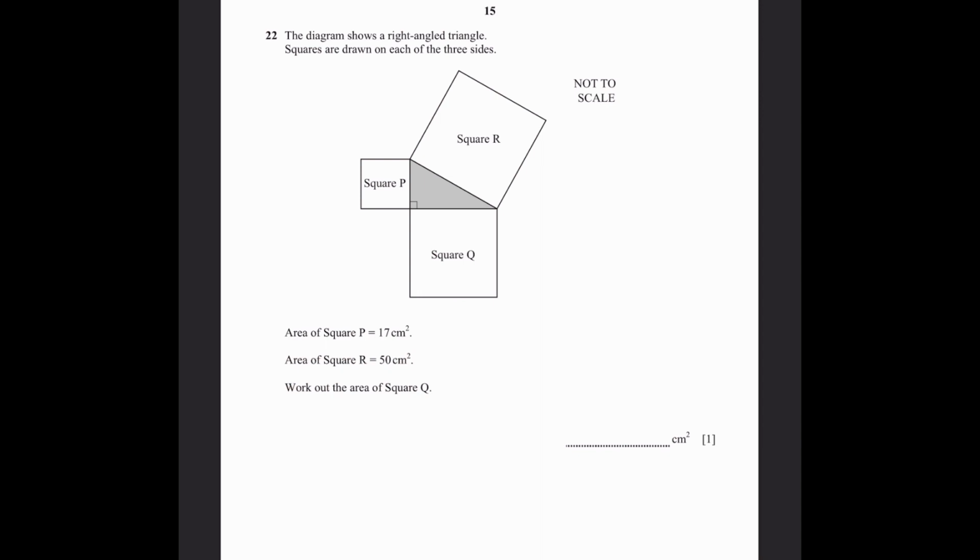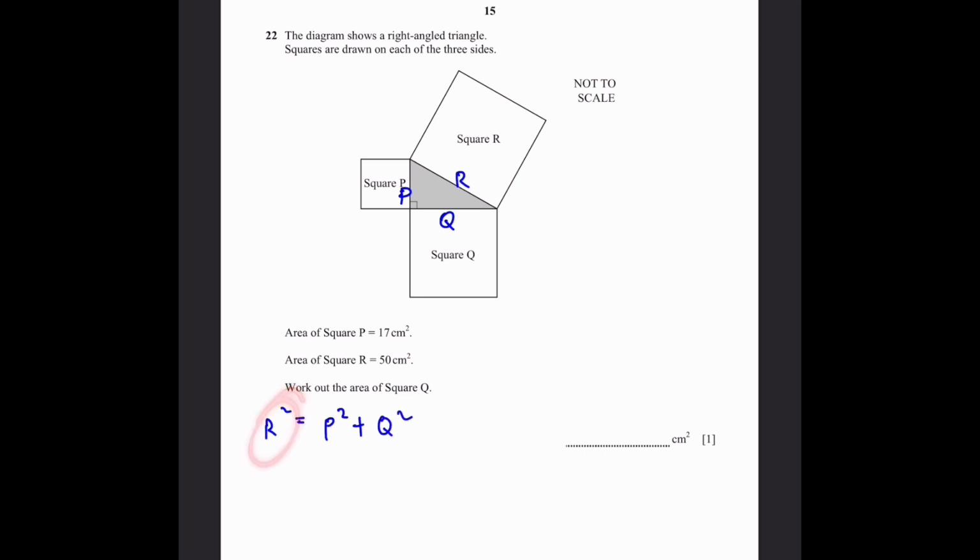Let's take the sides of the triangle to be P, R, and Q. Now we can use Pythagoras' theorem. R squared is equal to P squared plus Q squared.